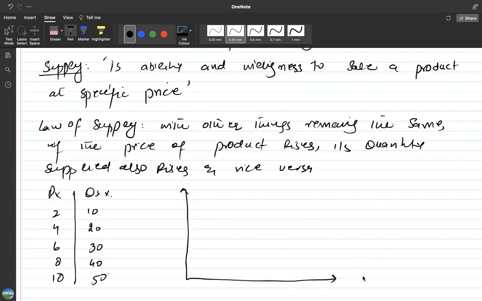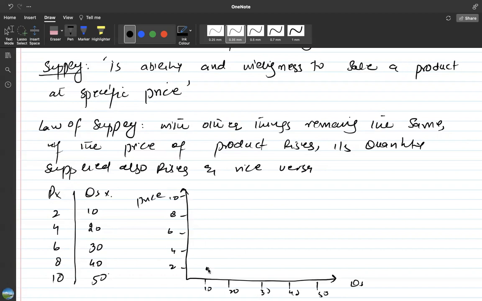We can take quantity supplied on the x-axis: 10, 20, 30, 40, 50, and price on the y-axis: 2, 4, 6, 8, 10.